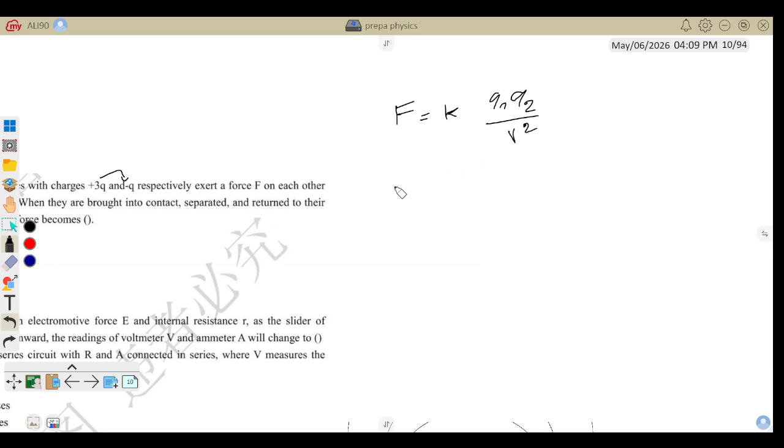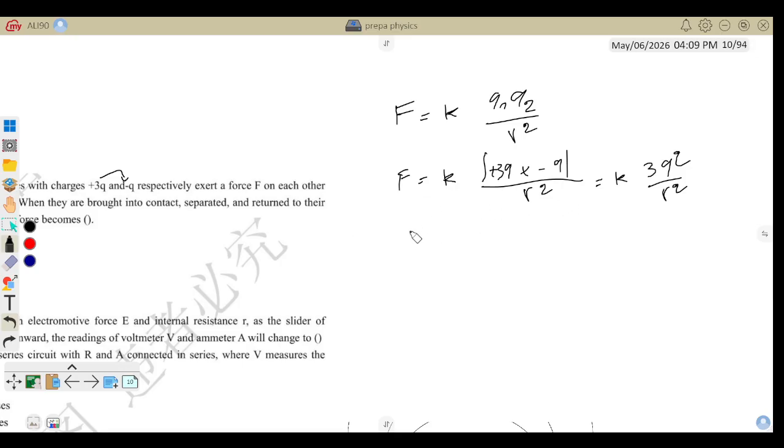For our case, F is k, the q1 is plus 3q, and let's take the absolute value because the magnitude is what matters here, times the minus q, divided by r squared. That gives k 3q squared over r squared. So this is for the first state.